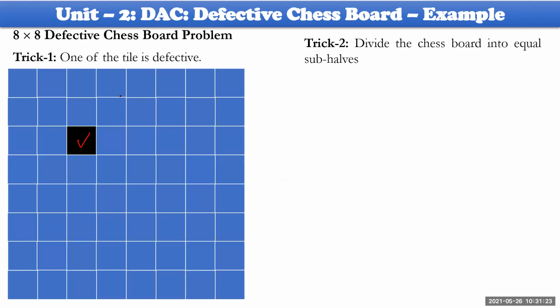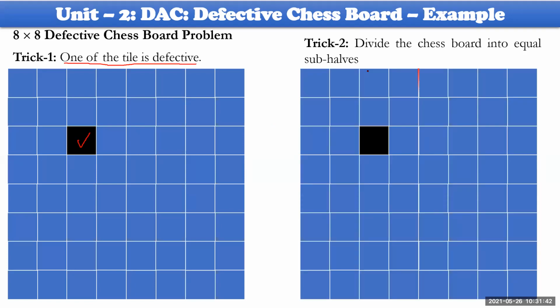Then what are we supposed to do? First, we have to check whether exactly one tile is defective or not. Yes, it is. Then the second step is that you have to divide the 8x8 into exactly 2 halves. How could this be done? Like this, like this.